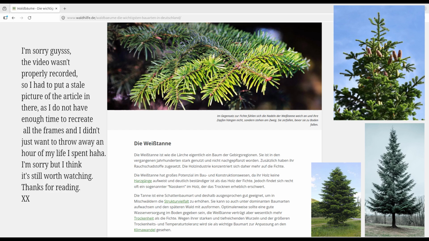Here you see spruce and fir are not the same in English, but in German it's all Tanne. I think the more spread apart, what's it called? Zweige or Äste. Branches, basically.